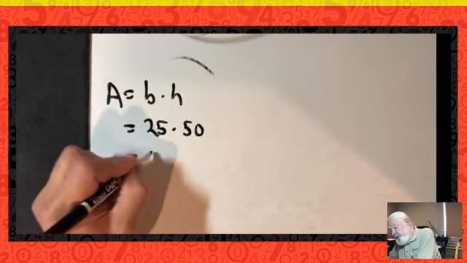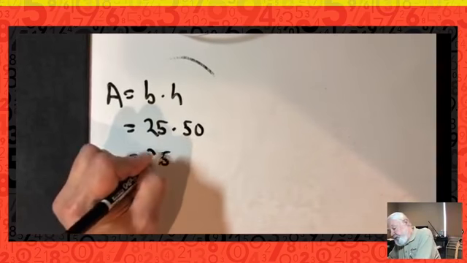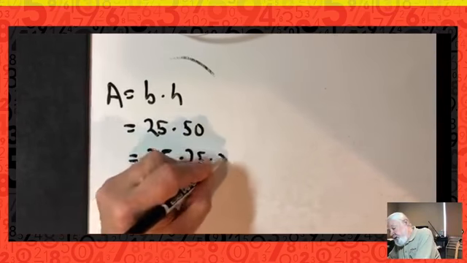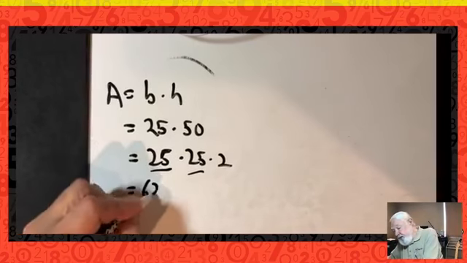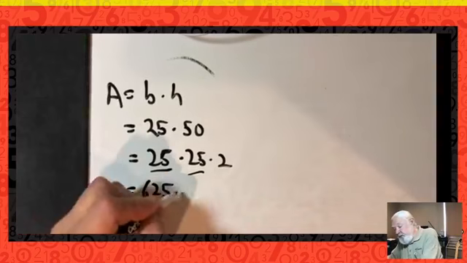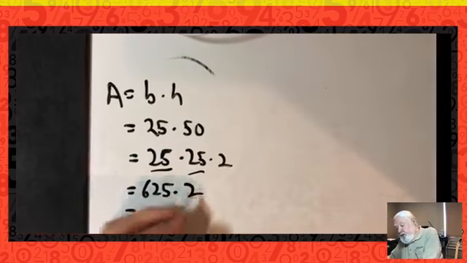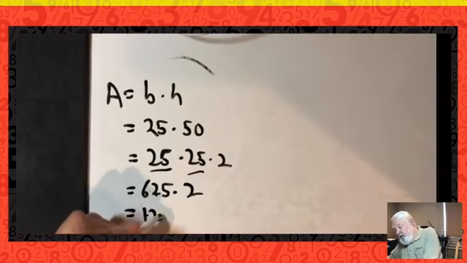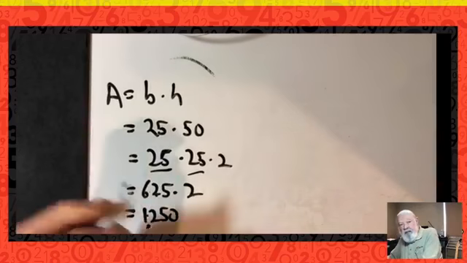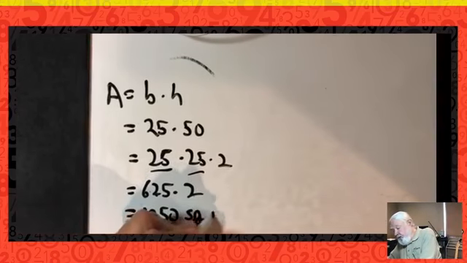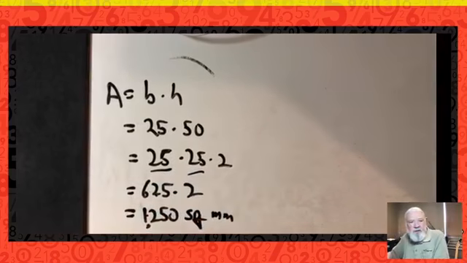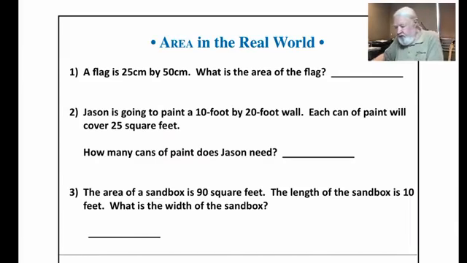I look at it like this, because I want my students to know that 25 times 25 is 625, which is why I like this problem. And then that times 2: 600 doubled is 1200, 25 doubled is 50. And so we're going to get 1250 square, and I believe the units were millimeters. Let me see. I'm sorry, centimeters.